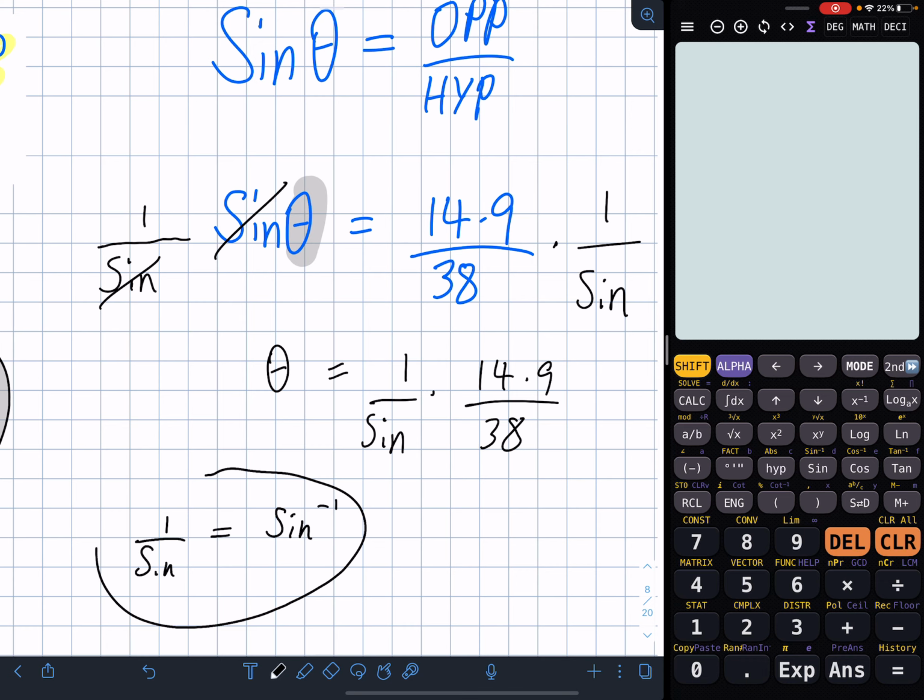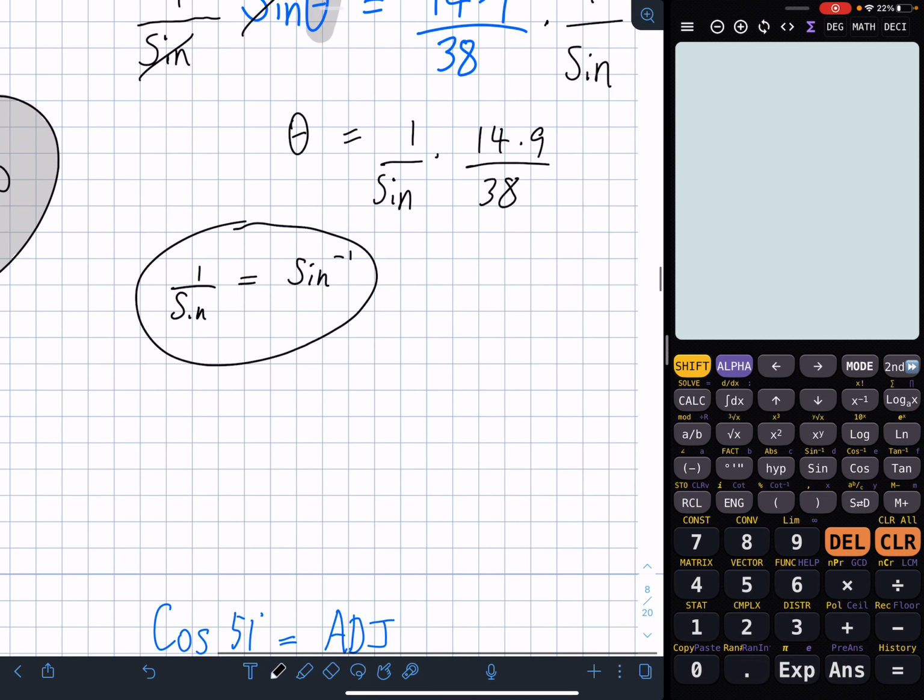Okay, and so with that knowledge, we now know that theta equals sine to the power of negative 1, and then it's multiplied by 14.9 over 38 in brackets.